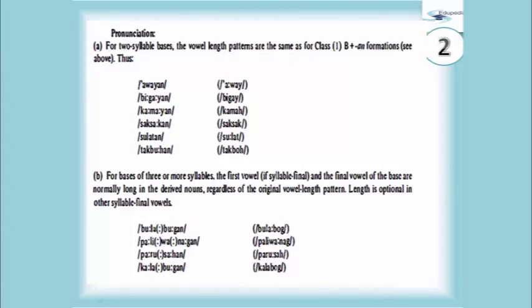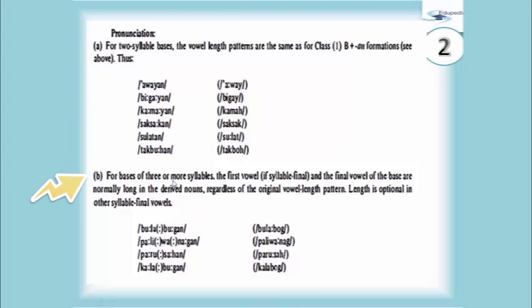In pronunciation, we also have two. For two-syllable bases, the vowel length patterns are the same as for the class 1, which is B plus an formations. For example, we have awayan, away; bigayan, bigay; kamayan, kamay; saksakan, saksak; sulatan, sulat; takbuhan, takbo.